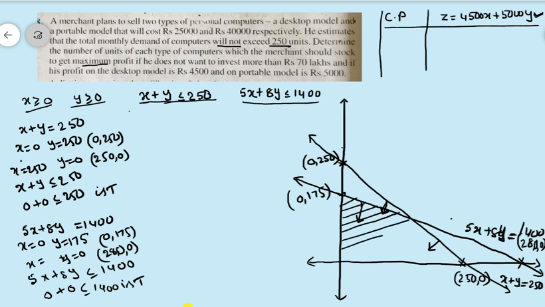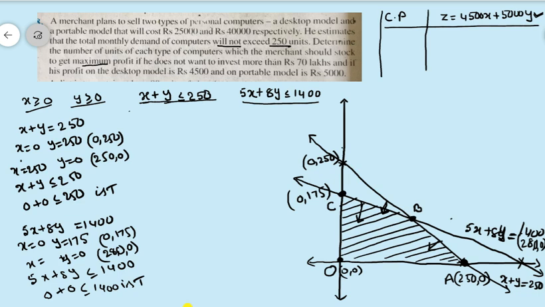X and y values are positive in the first quadrant. In both the cases we got towards the origin. So that's why this is the common portion. This is the solution region. This point is O, this corner point is A, this corner point is B, and this corner point is C. This one you know, 0 comma 0, and this corner point is 250 comma 0, and this corner point is 0 comma 175.